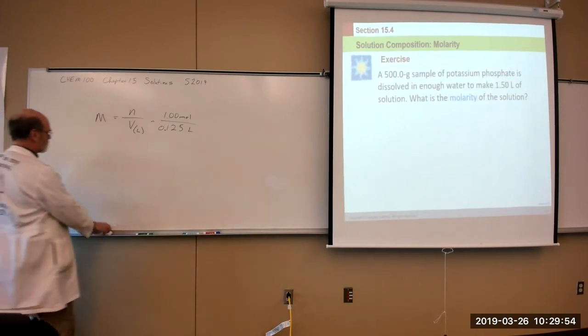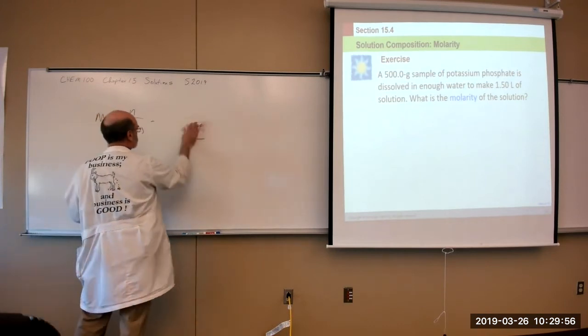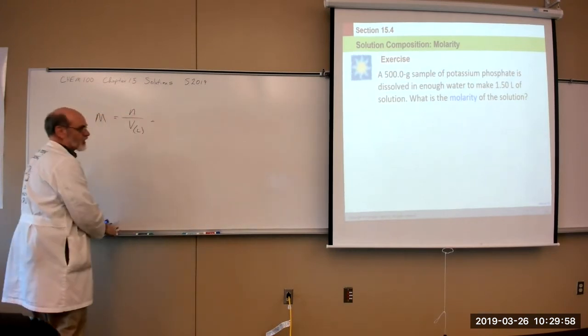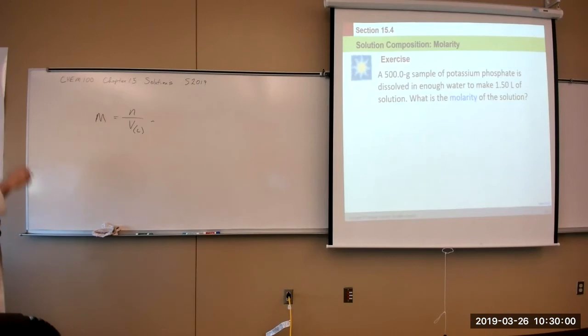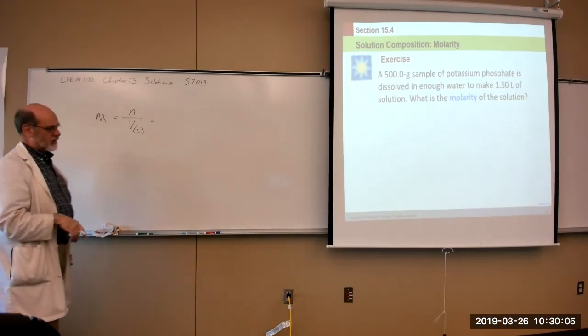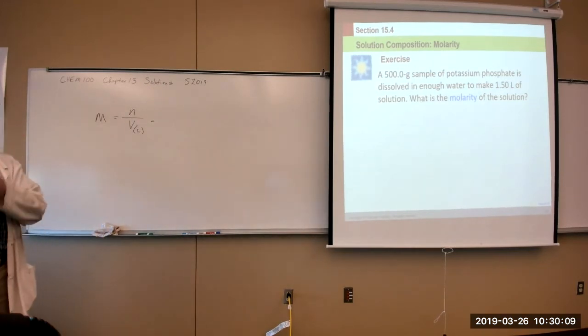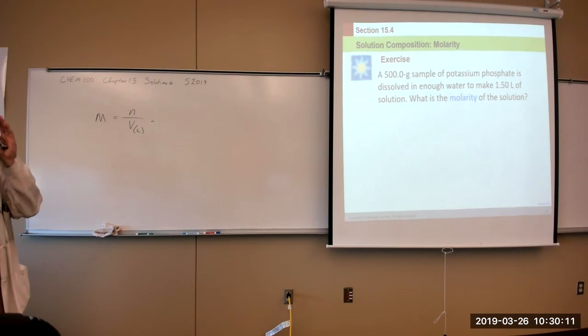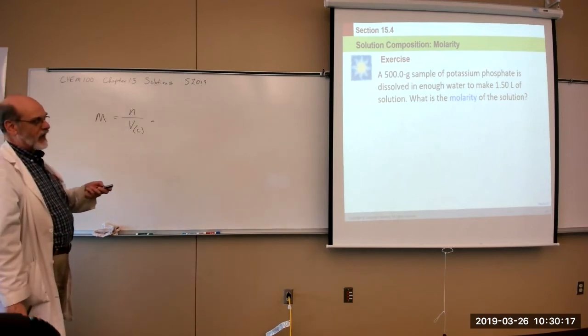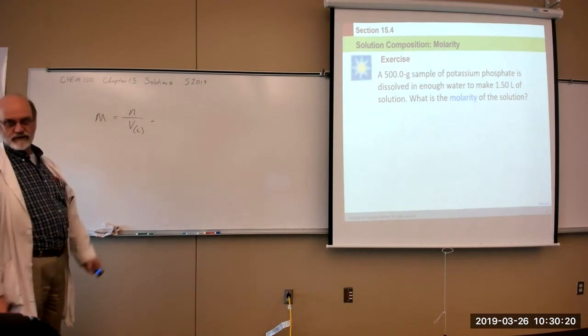Here's a perfect example. What's the concentration of solution we have? We have 500 grams of potassium phosphate. Now this brings up the topic of actually why I hammered so hard on formulas. You've got to be able to write the formulas, or you'll never know how to convert that to moles.